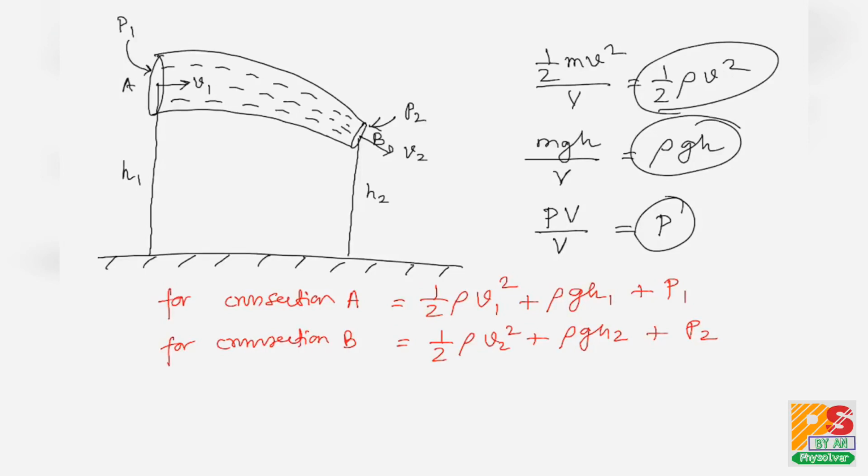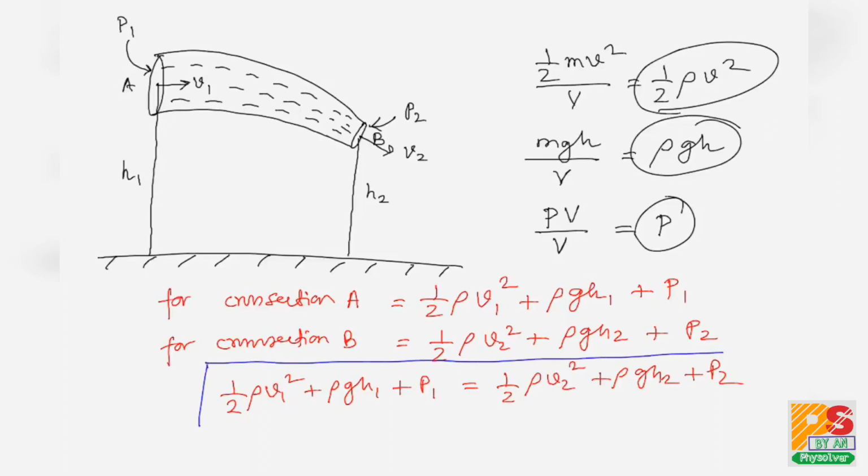Therefore, from Bernoulli's principle, half rho v1 square plus rho gh1 plus p1 equals half rho v2 square plus rho gh2 plus p2. Now mind it, this formula is not always true. It is true only for an ideal fluid which is incompressible, and also for a non-viscous fluid. We are assuming that there is no liquid friction.